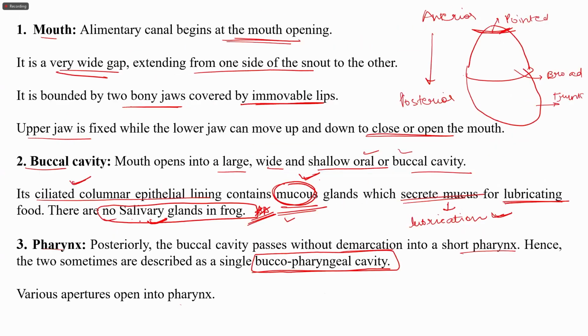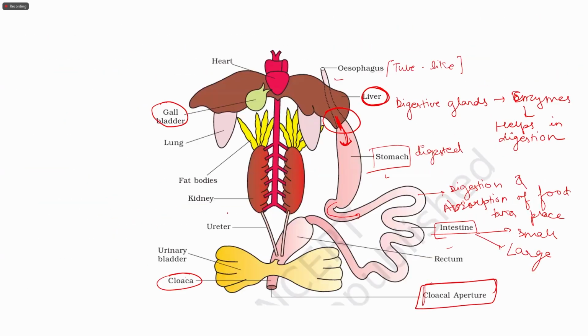Basically, you can see in this figure that the small intestine opens into the larger intestine, which is here called the rectum, and this rectum opens into the cloaca, which is guarded with the help of the anal sphincter. This sphincter gets closed and therefore prevents the backflow of any digested material.